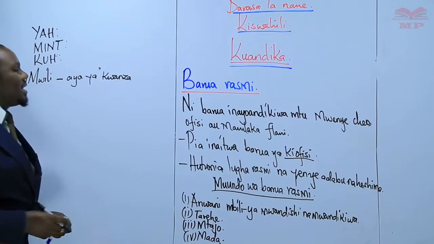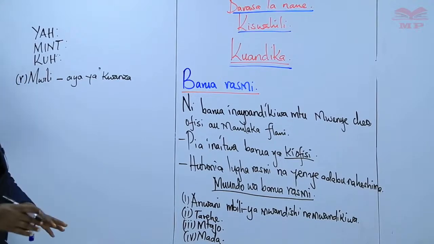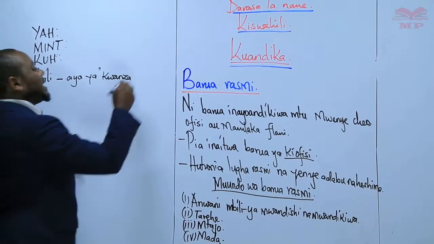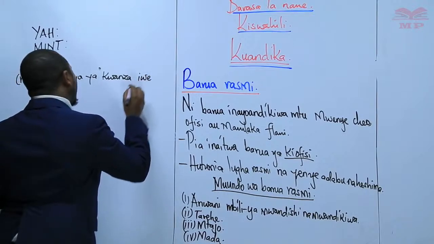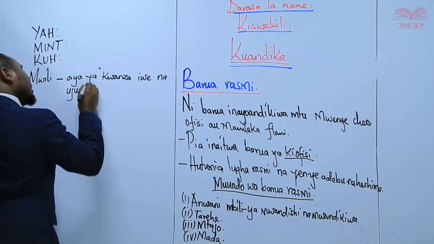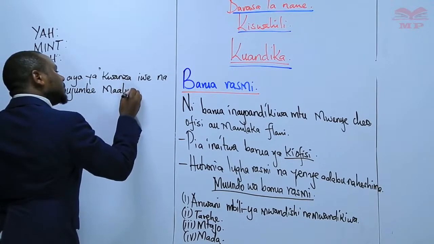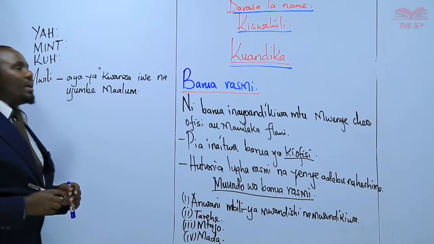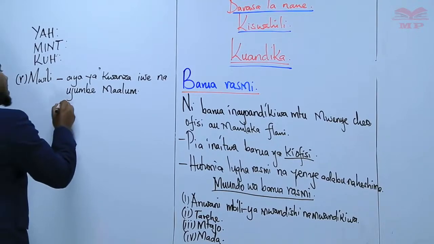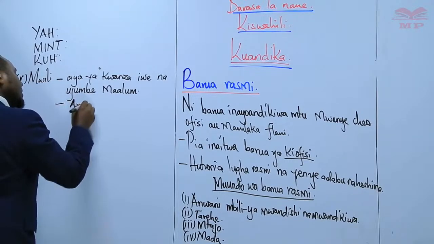Kwa mfano, kama ni barua ya kuomba kazi, omba kazi katika aya ya kwanza. Usiende kwenye aya ya pili ati ndo unaomba kazi, la hasha, haifai hivyo. Aya ya kwanza iwe na ujumbe maalum. Hizo aya nyingine zinazofuata ziwe ni maelezo ya aya nyingine.